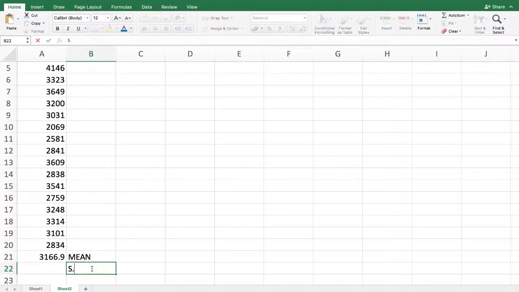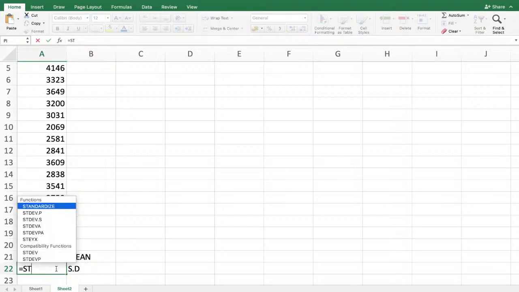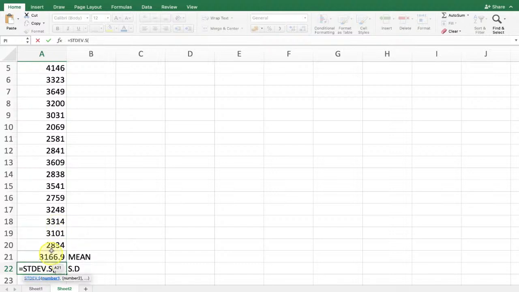Okay, how about the standard deviation? Let's use again the abbreviation SD for standard deviation. The standard deviation is equal to ST, and the different types of standard deviations will appear in the functions. So since this is a sample, then we choose the second, standard deviation for a sample.